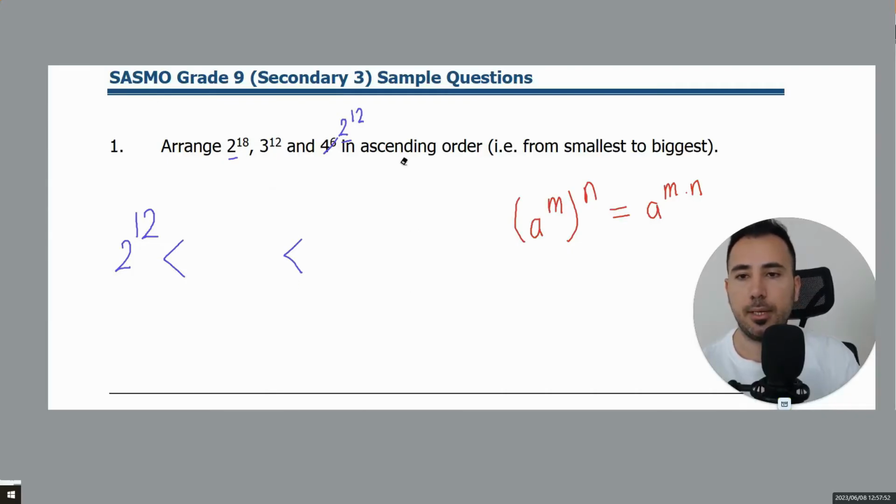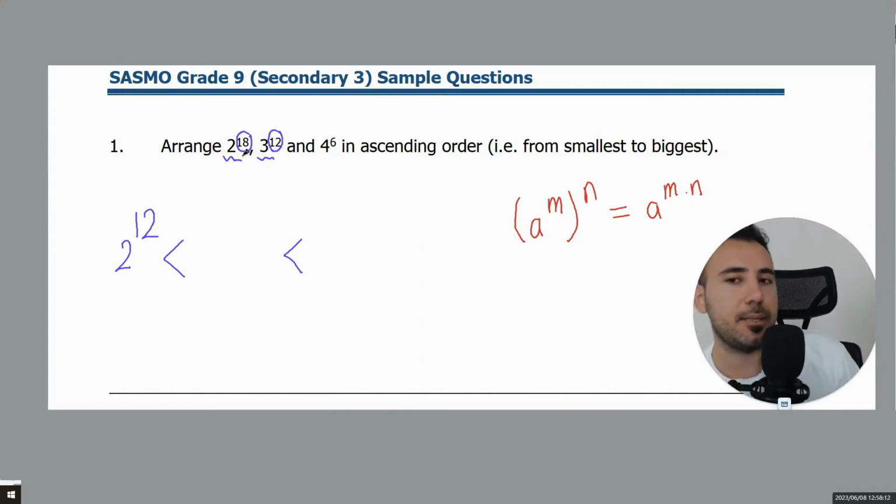But now we need to decide for these two how to do that. I think the trick is to make the powers the same. Bases will be different, but the powers will be the same.